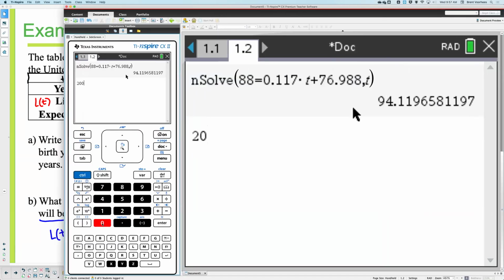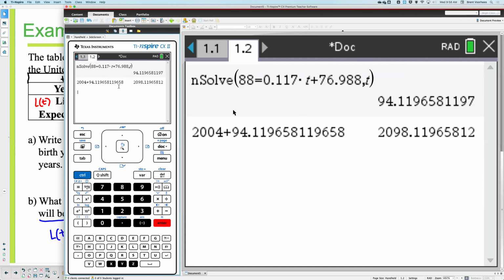So take 2004 and add this answer here. I'm going to press the up arrow to highlight it, and press enter, and it'll copy it. When I add that, what year do you get that the life expectancy will be 88 years? 2098. That will be the estimated year.